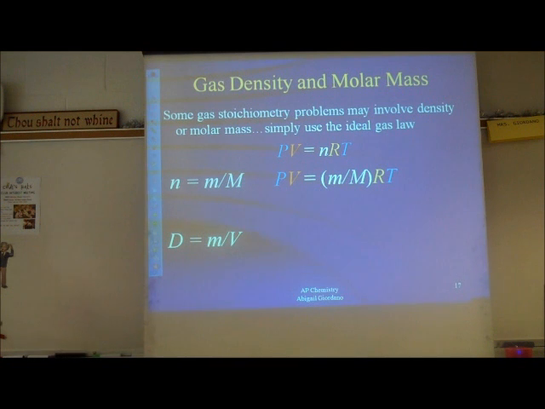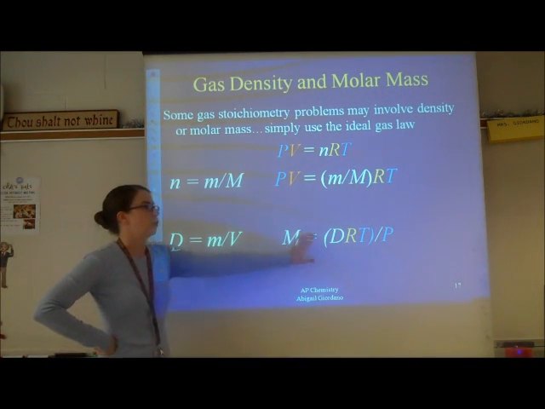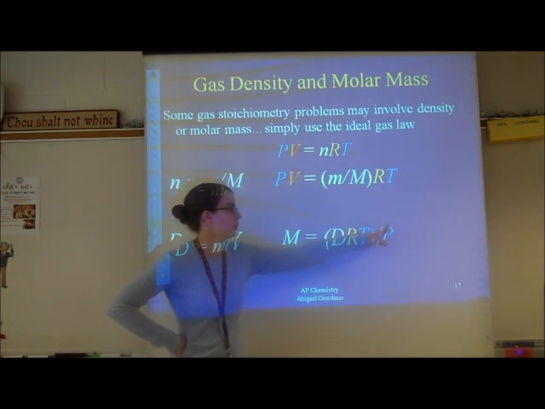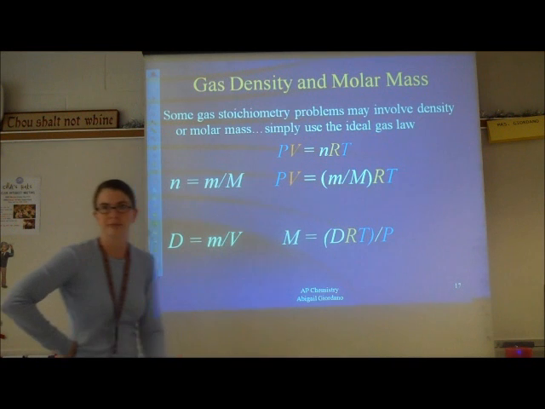Yeah, well, I'm actually going to even rearrange it further than that and write it like this. Okay? Molar mass equals density times the gas constant times temperature over pressure.